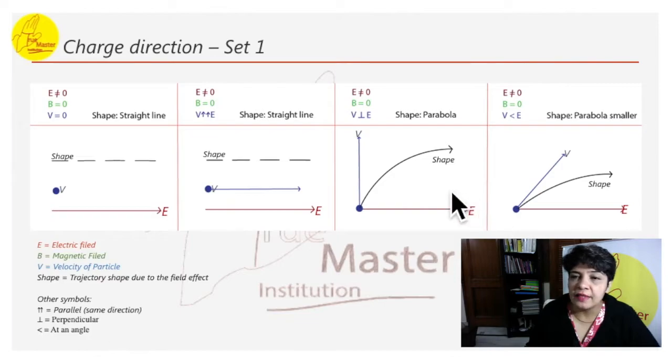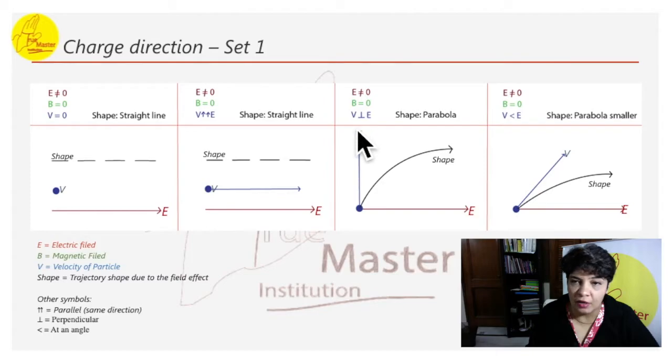Now let's look at case 3. Here, E is not equal to 0, that means E has a certain value. The magnetic field equals 0, so there is no magnetic field showing in this graph. V is perpendicular to E. This reverse T is called perpendicular.